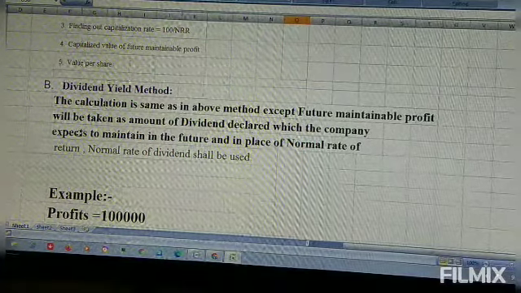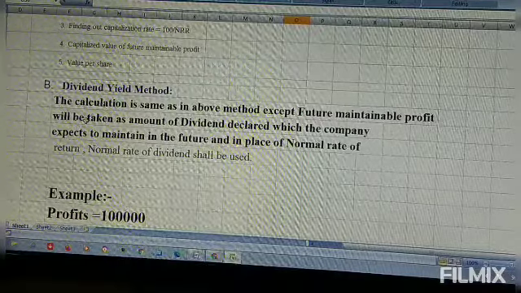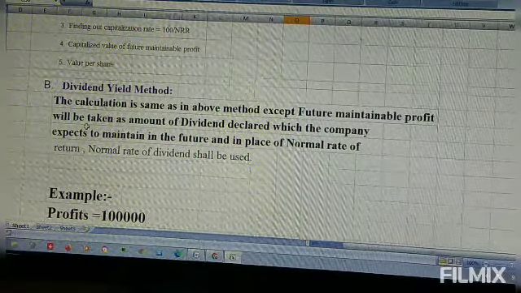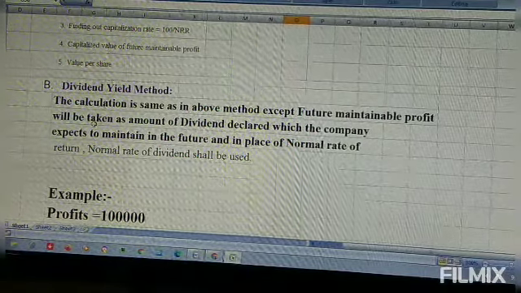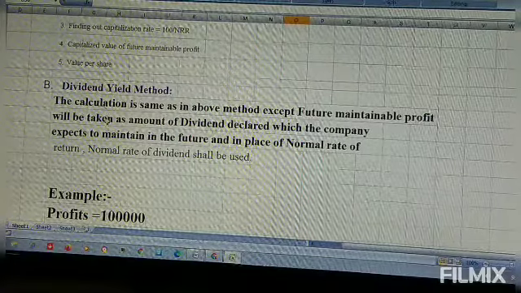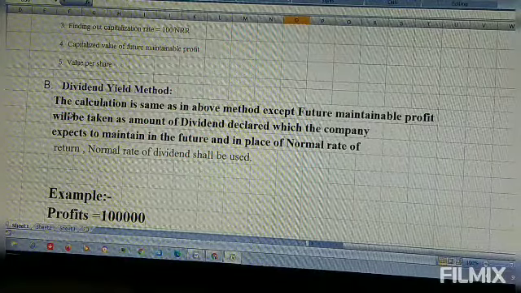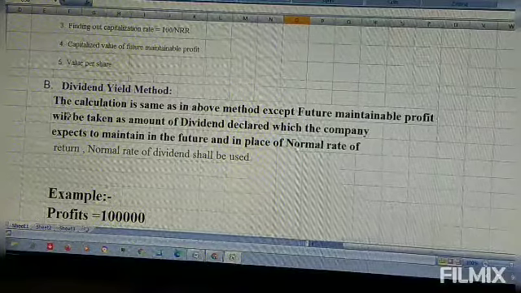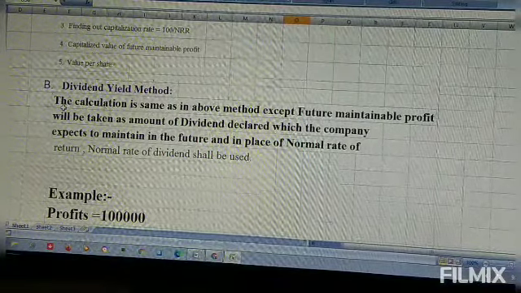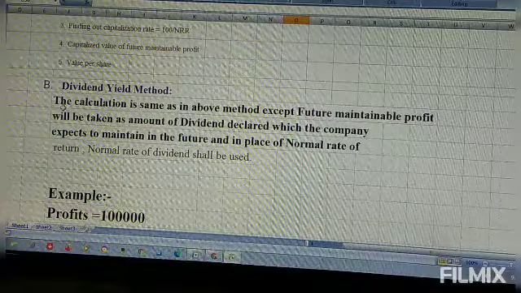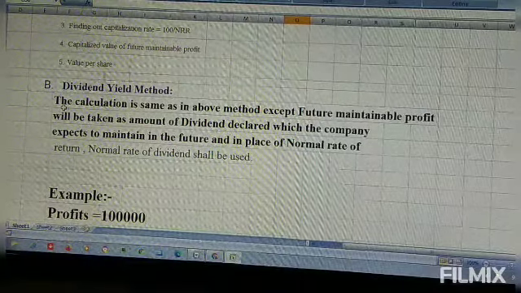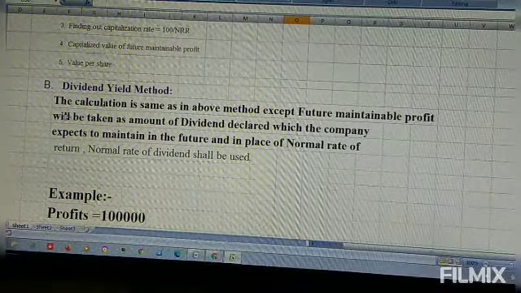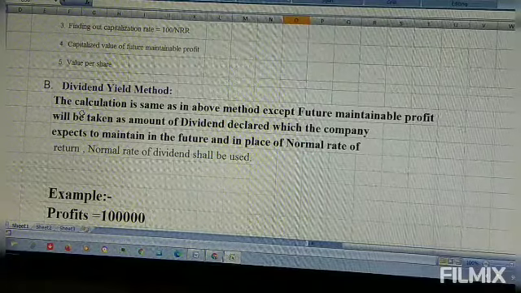Sometimes it may be an interim dividend also. Interim dividend means, in between two annual general meetings, any dividend declared is called interim dividend. So in the annual general meeting, usually the dividend per share to the shareholders on their investment is declared. That is called dividend declared.